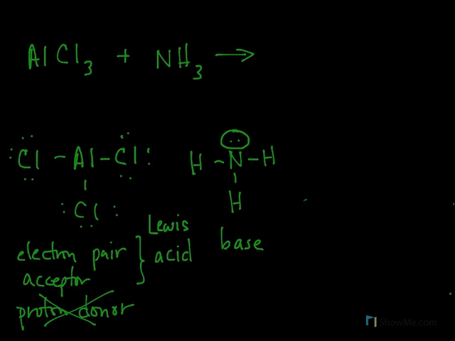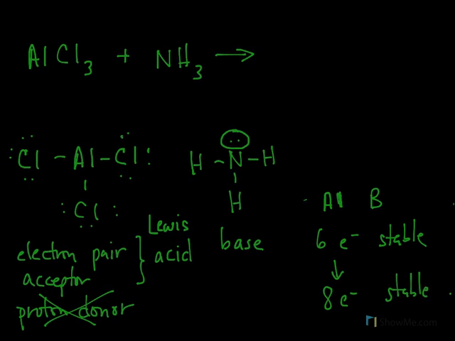Sorry, aluminum and boron are 2 elements that are perfectly fine having only 6 electrons around them. But given the chance, they will form 8 electrons. So they're stable here, and they're also stable here. So this aluminum can take another pair of electrons. So that's why this is going to happen.